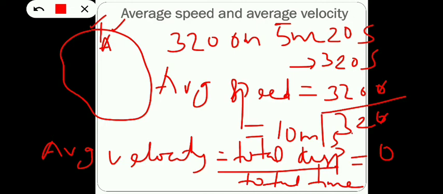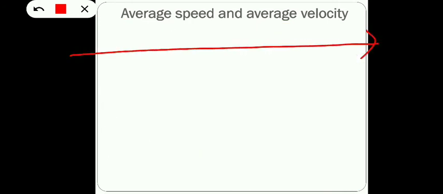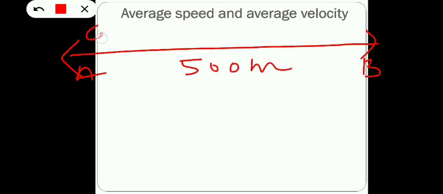So do you think in any situation this average speed will be equal to average velocity? Let's see. Consider this case. Here the car is moving through this path, and let this distance be 500 meter, and the car covers the distance of 500 meter in 5 seconds.